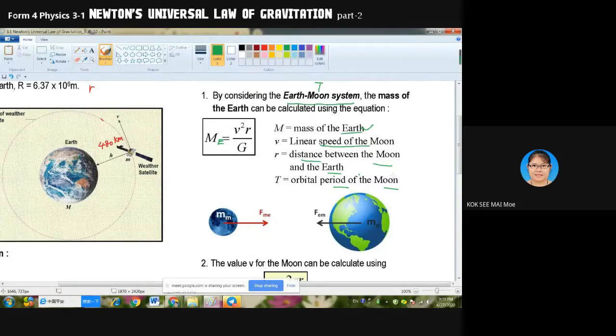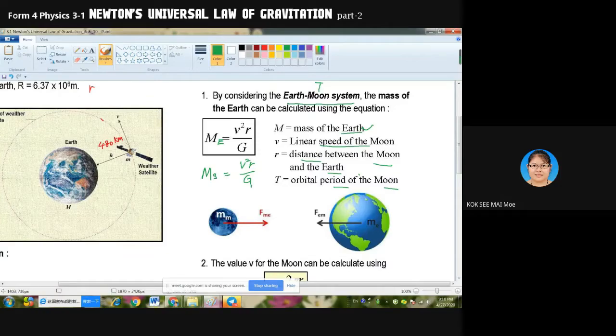If I want to find the mass of the sun, your formula is also the same. Now the earth orbits the sun, so the formula is the same. This one is for the sun. V squared is the earth's speed. Radius is the distance between the earth and the sun. G is a constant number.